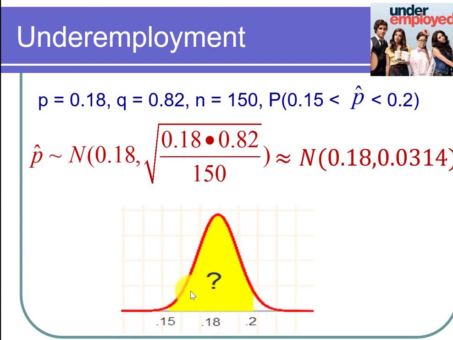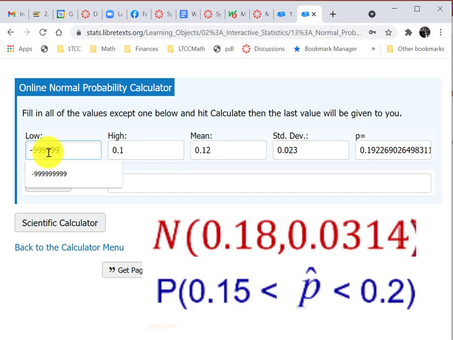And I could go right to my calculator. So let's do that. So the low is 0.15. The high is 0.2. The mean was equal to 0.18. And the standard deviation was 0.0314. I want the probability, so I leave that blank.